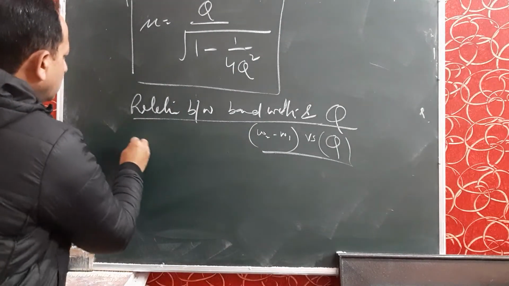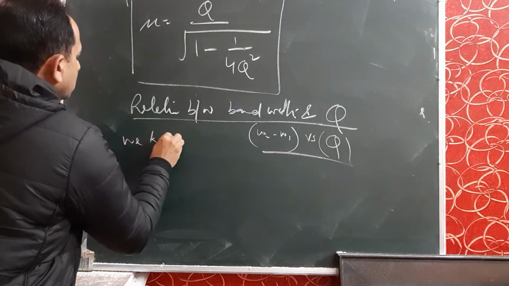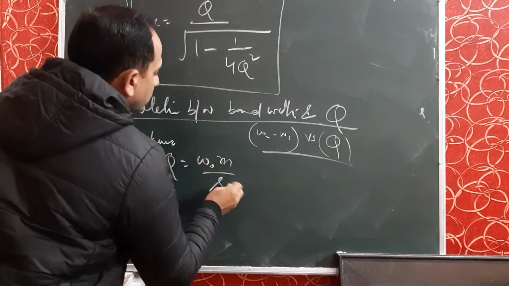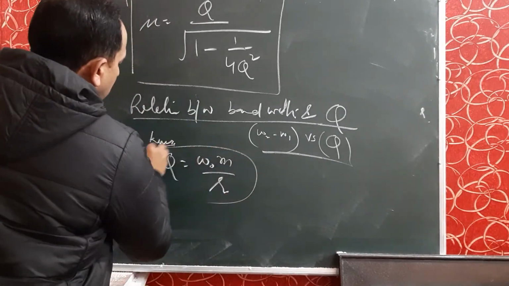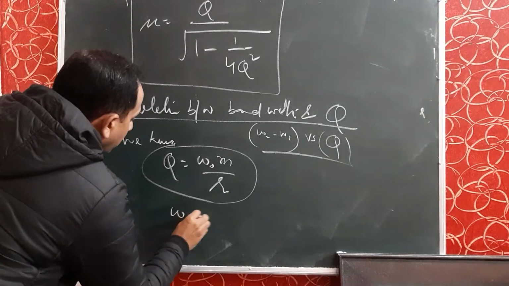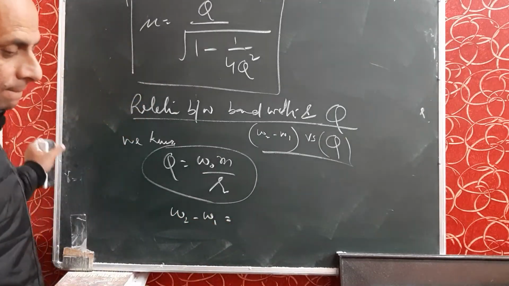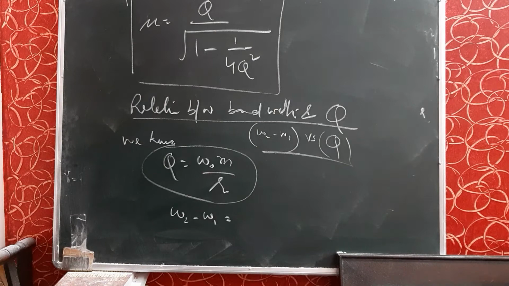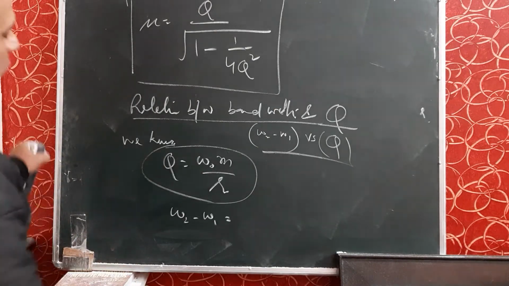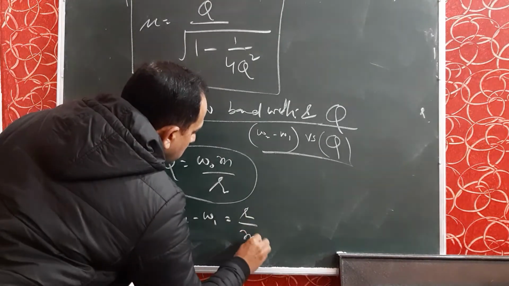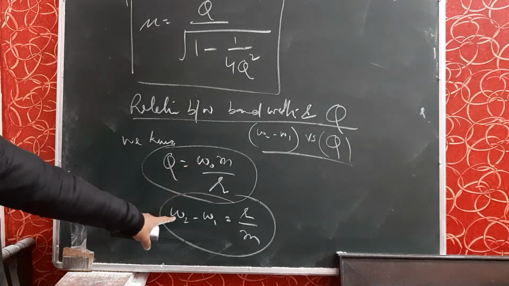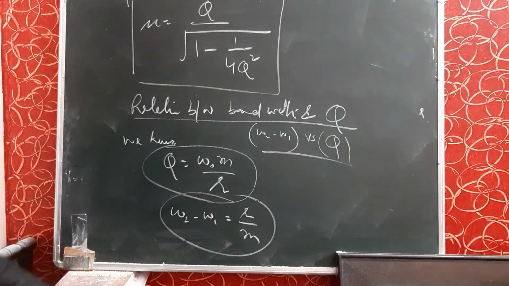We know that Q is equal to omega naught m by r. This result has been proved in the previous article, and similarly omega 2 minus omega 1 is equal to r by m, because this result has also been proved in the previous article.